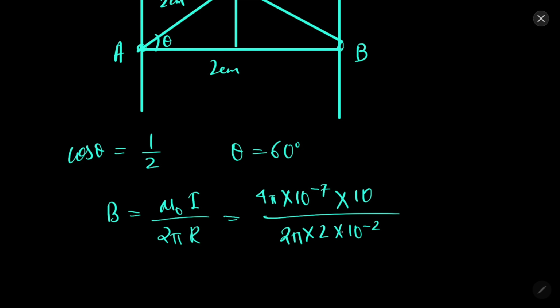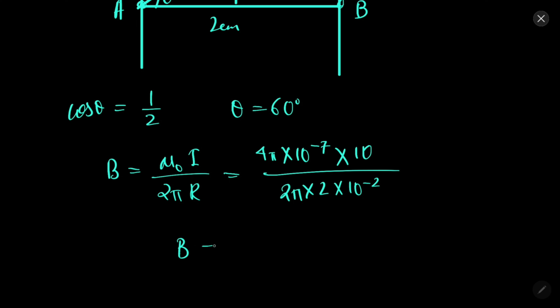So this will be the magnetic field. Now after solving this, magnetic field will come out to be 10 to the power minus 4 Tesla.